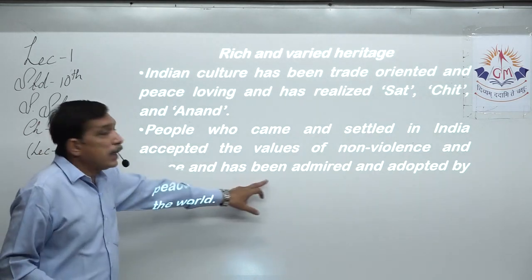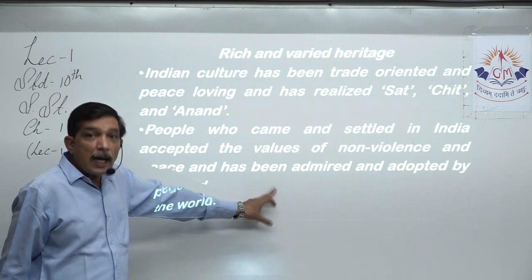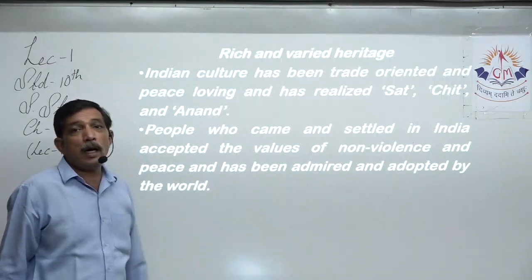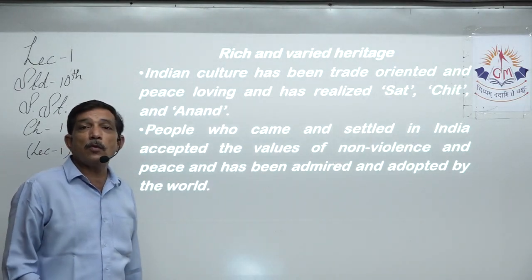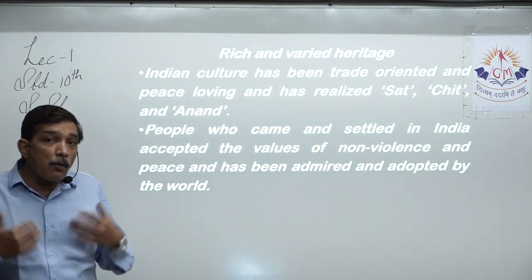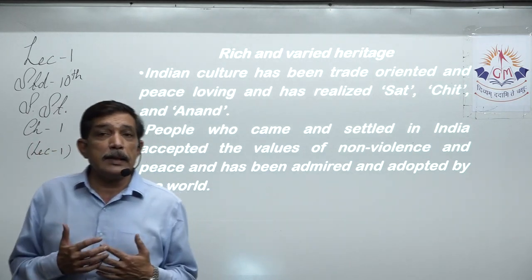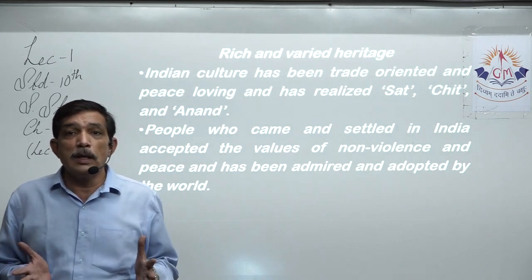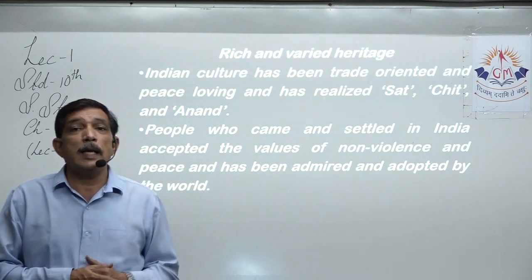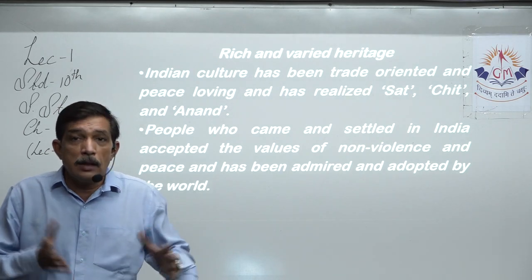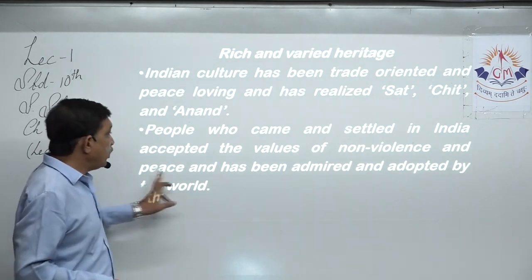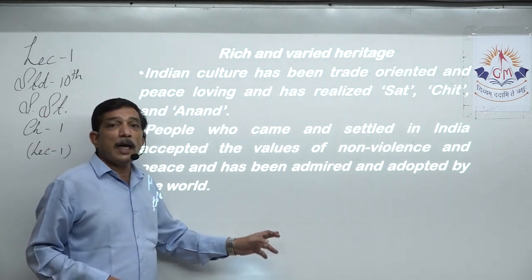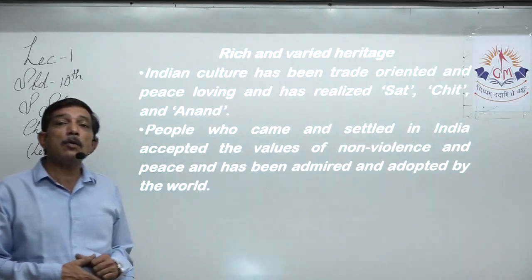So it has been accepted, admired, and adopted by people of the world. In this way, our values, our heritage has been accepted by the world. They follow the ideas given by us, and they also attain peace, and then they have prosperity.